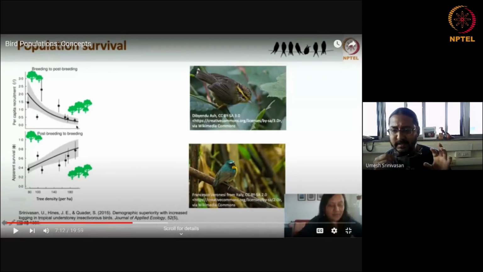So in exploitation competition, two species are competing for the same resource, but there's no direct interaction between the two species. So let's say I put out a tray of fruits in my balcony, and in the morning pigeons come and eat the fruit, and at night bats come and eat the fruit.